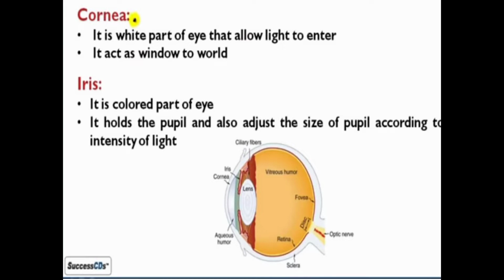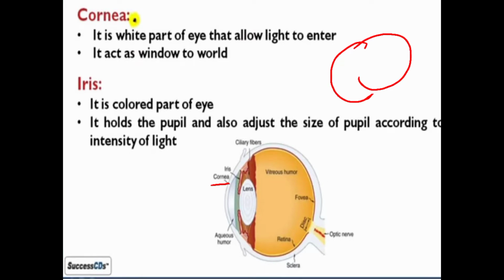Cornea is the transparent part at the eye's center and it acts as a window to the world. As we can see in the given figure, this bulge portion is the cornea. I hope that I am making you clear.